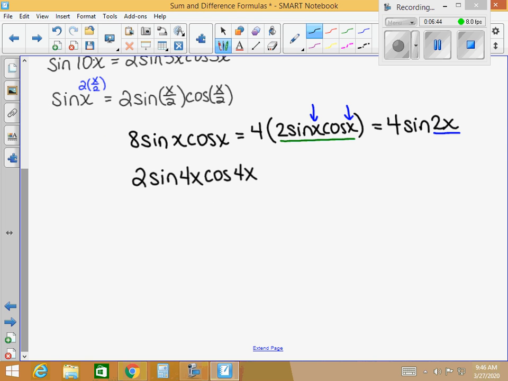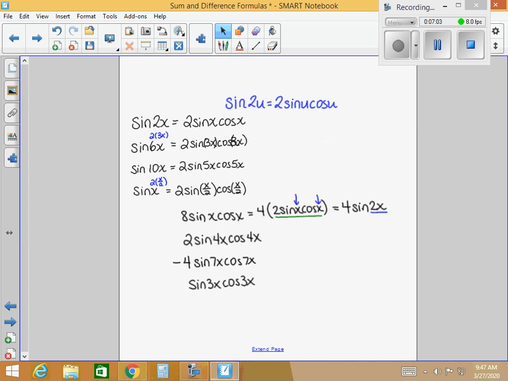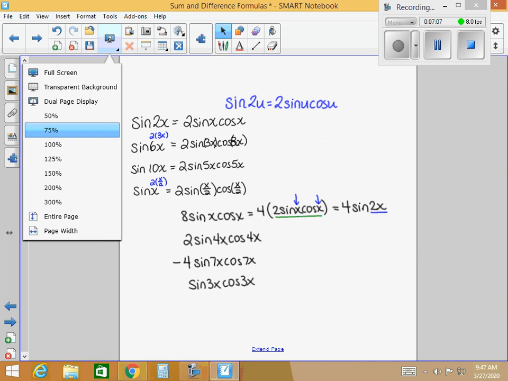Maybe I have negative 4 times sine 7x times cosine 7x. Maybe I have just plain old sine 3x cosine 3x. Go ahead and I'm going to make it a little bit bigger.